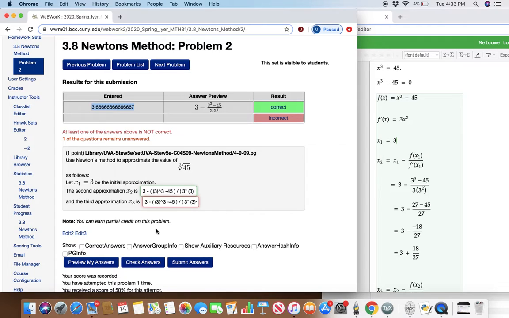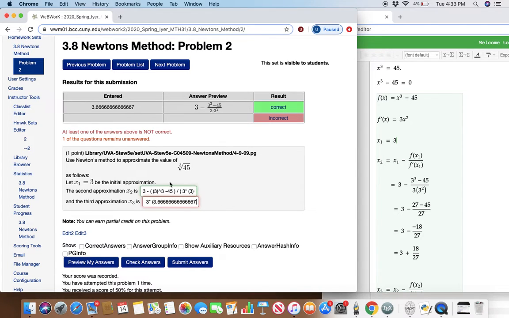So this x would now be this number. Next. This base x will now be this number. And the denominator 3x squared, that x will be this number. Okay, that's all I've done.